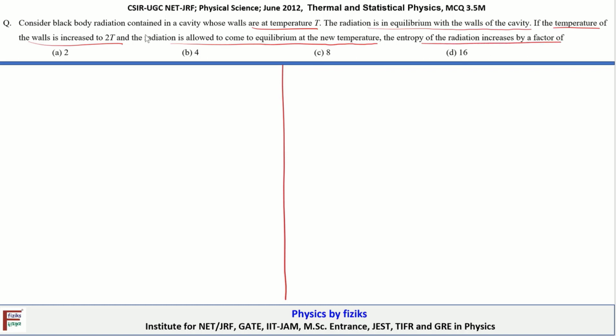Here we need to remember the results, how the entropy depends upon the temperature of the cavity under equilibrium condition. If you recall what you learned during the classroom discussion of black body radiation in a cavity, the energy density, pressure, and Helmholtz free energy are all proportional to T to the power 4.